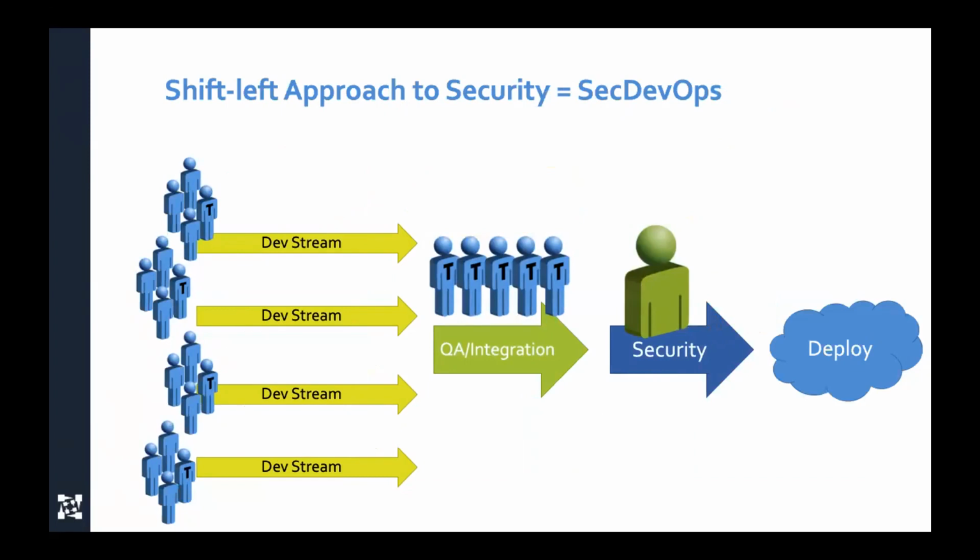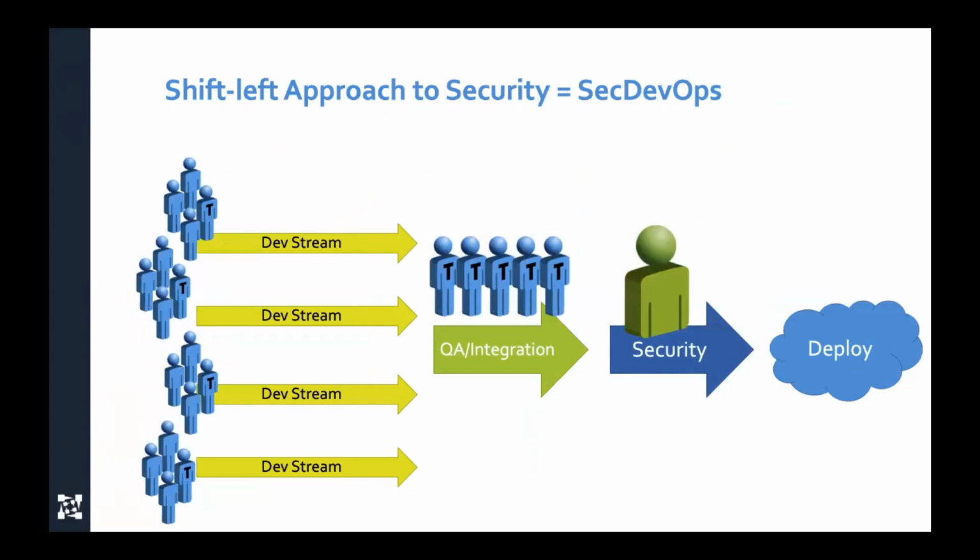So what we're talking about today is a different approach. Rather than dev, then sec, then ops, let's put security at the beginning of the process. Sure, we'd love to have a security expert embedded in each of our teams, but we know that that knowledge is typically contained within a small set of individuals.